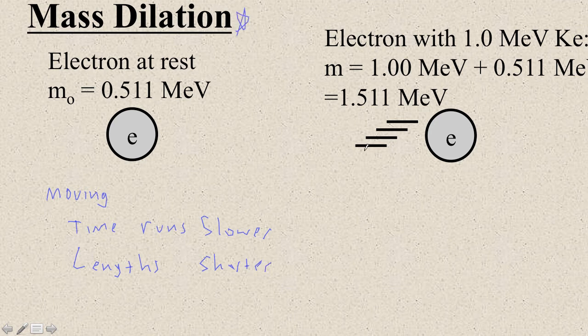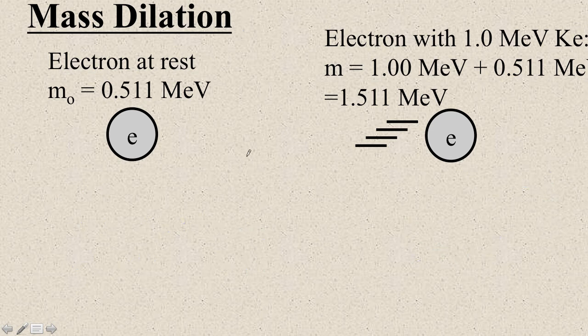Now this makes sense because remember, energy has mass. Something that gains energy is going to gain mass simply because it gained energy. E equals mc squared means that it's going to gain an amount of mass: the change in mass is E divided by c squared. One cool thing is that we can look at an electron.